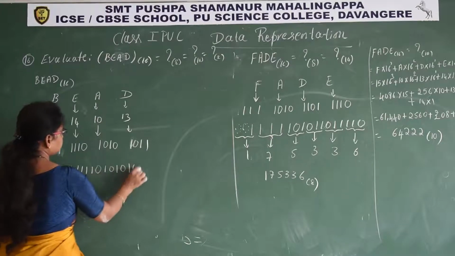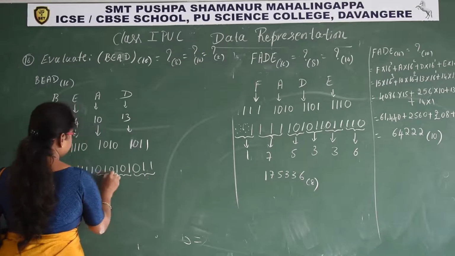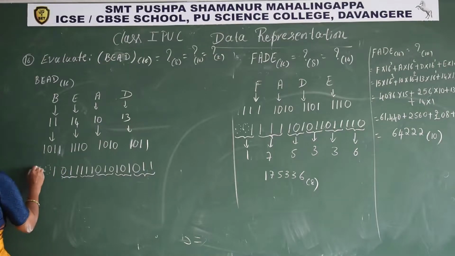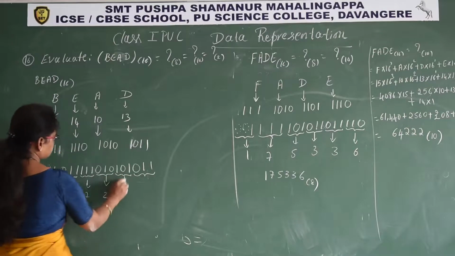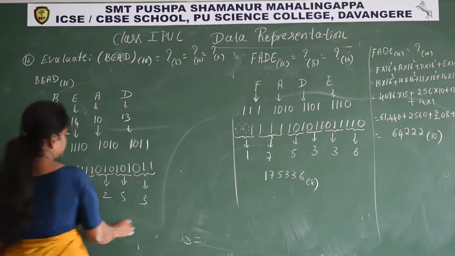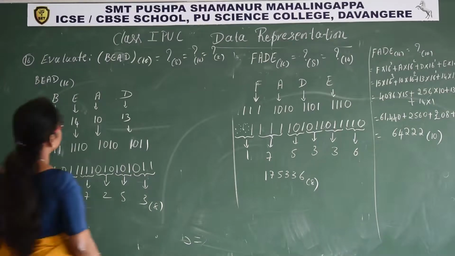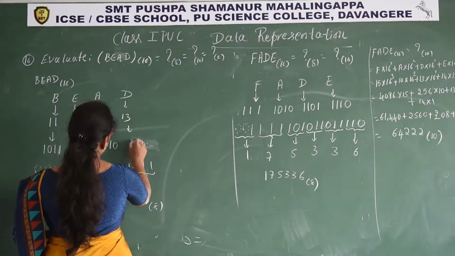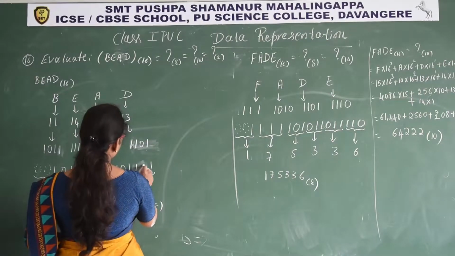So let us make groups of 3 bits, and we get the base 8 number, where 8 plus 4 is 12 plus 1, and 1 0 1 is 5.